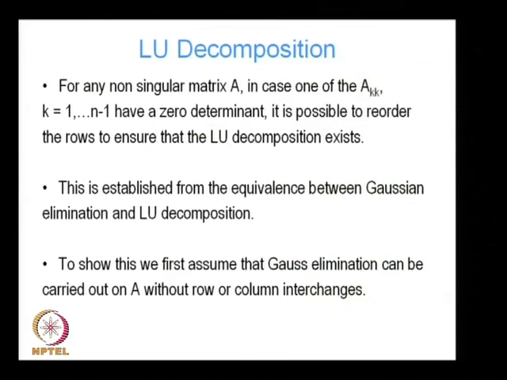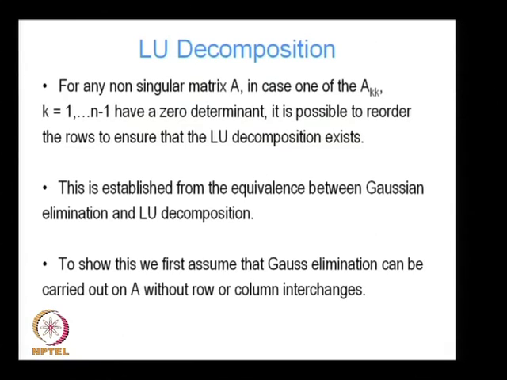Now, if it so happens that for a non-singular matrix A, one of the k by k submatrices has a 0 determinant, then it is possible to reorder the rows to ensure that that k by k submatrix no longer has a 0 determinant.